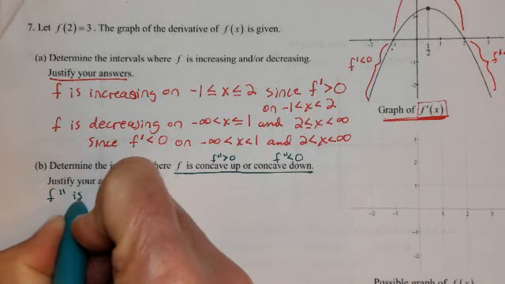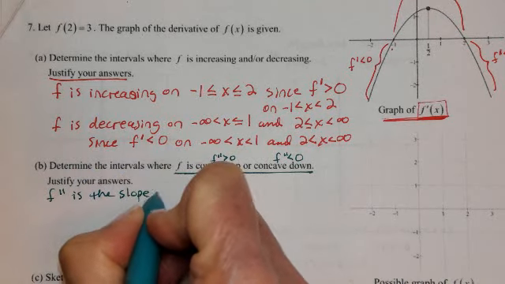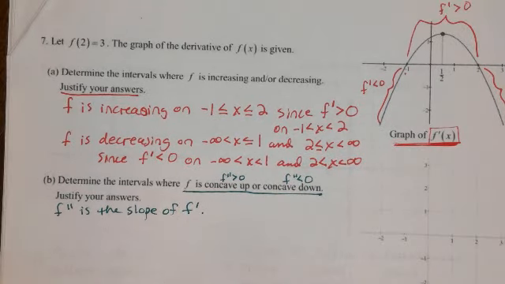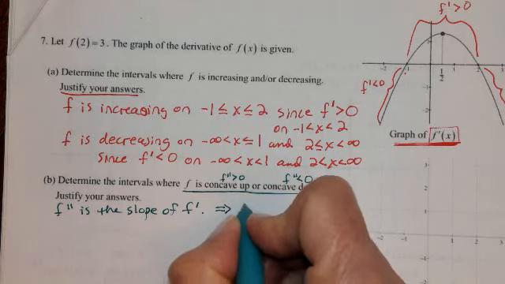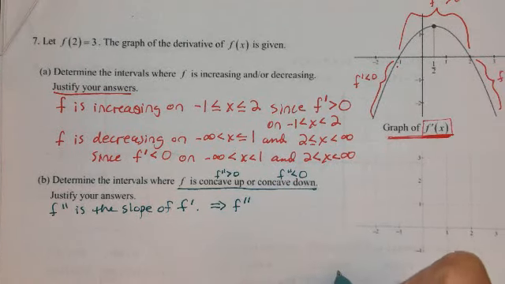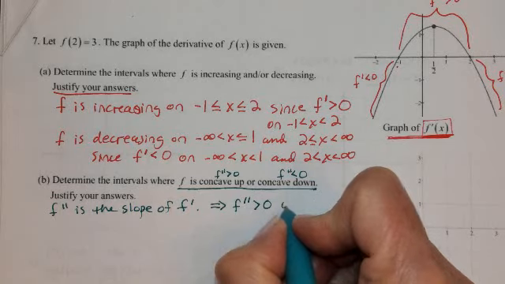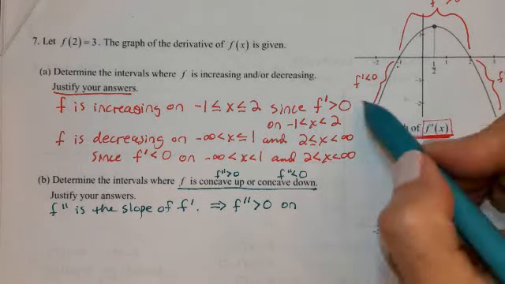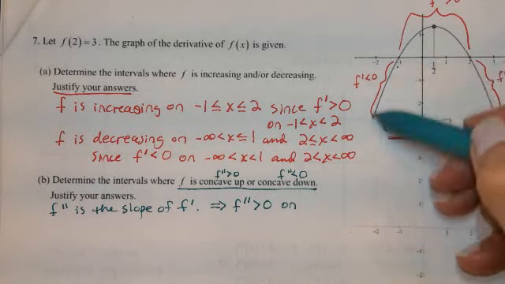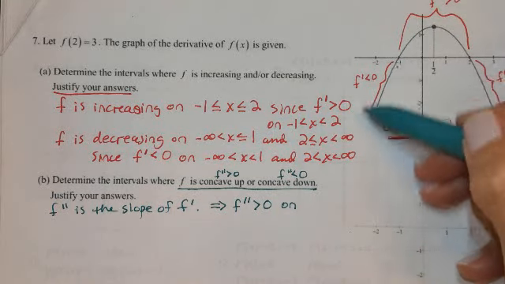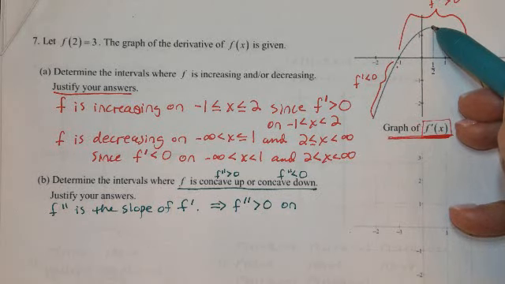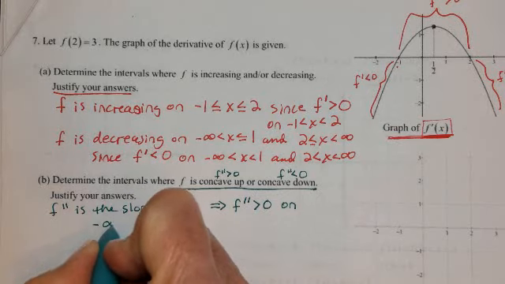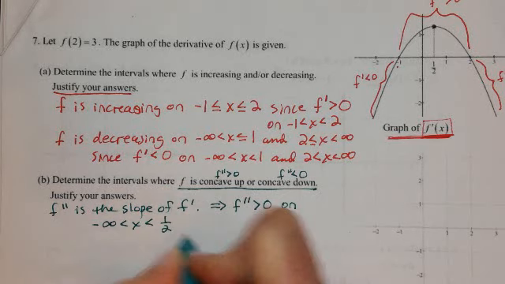So I'm going to say that. F double prime is the slope of f prime. Okay? Which means f double prime is positive on, okay, where is the slope of f prime positive? Well, the slope of f prime is positive from x is -infinity till x is a half. So on -infinity to 1/2.